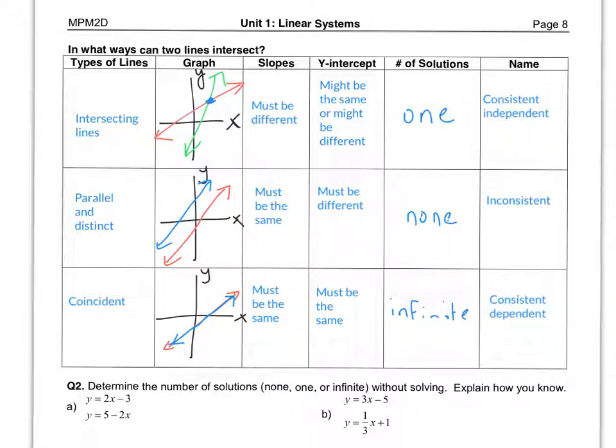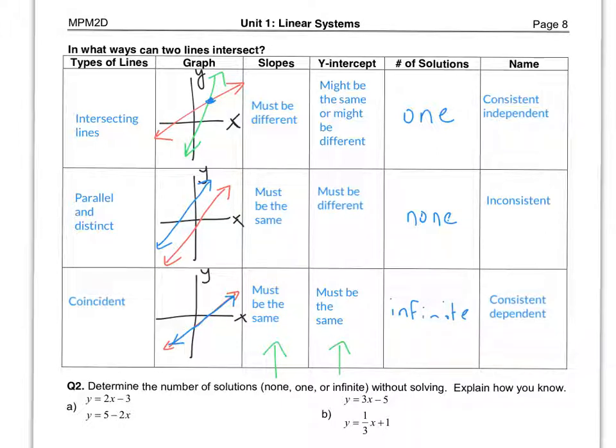There we are. Your job for question 2 is to determine the number of solutions that each system is going to have, whether it's going to have no solution, one solution, or an infinite number of solutions, without solving it. Don't put it into Desmos. Don't try to solve it algebraically, but explain how you know. The key ideas here are that you need to really examine what your values for your slope and your y-intercept are.